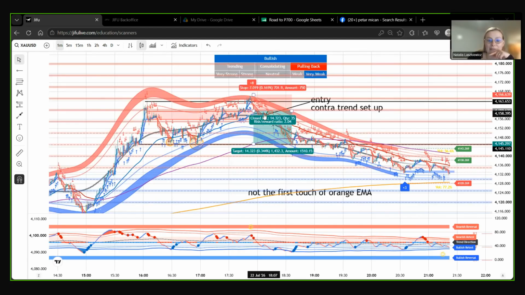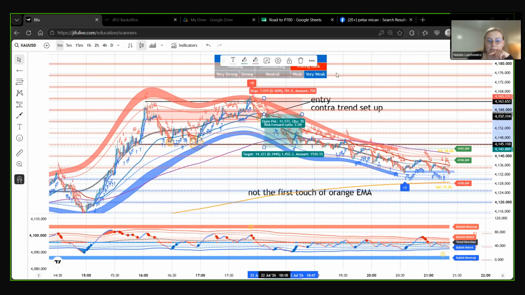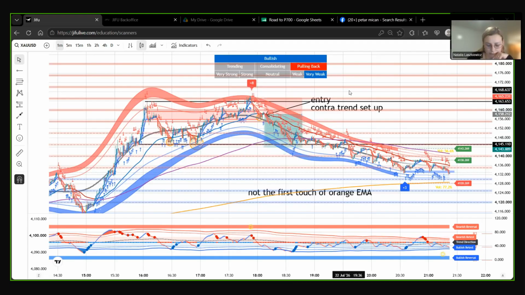It came back to the line, and that would have been the entry here. Same scenario yesterday. And I actually got a 1 out of 2, so I made more than 1-to-1 profit using this transaction. Same thing happened yesterday.